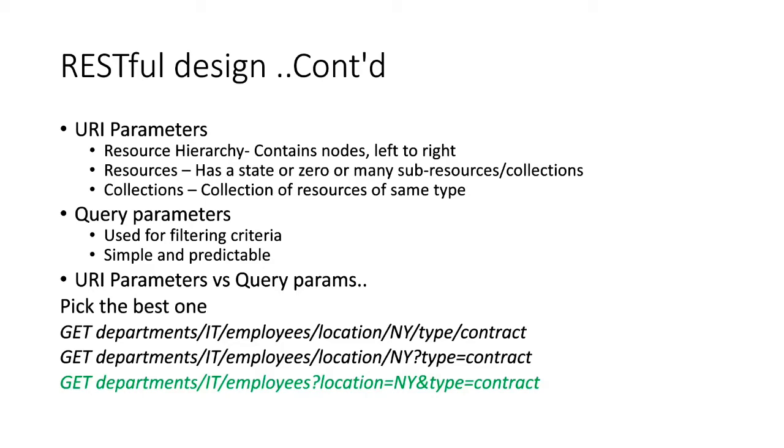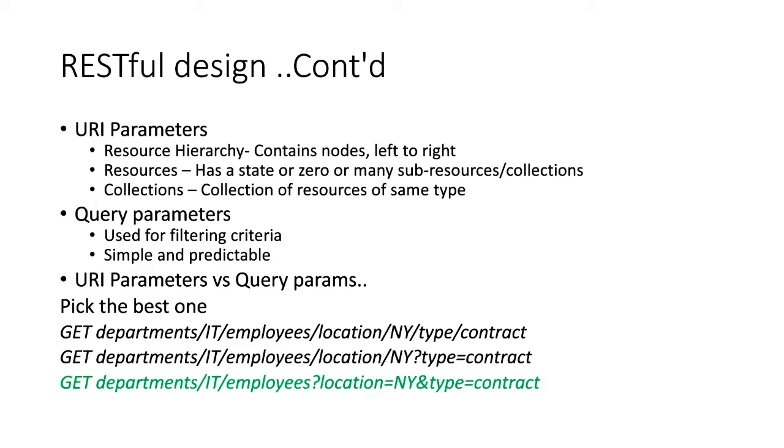So there can be different possibilities here, right? I can have departments, IT, and then employees, with everything in one endpoint. If you look at it, it is not very intuitive. You might be thinking, how can employees go to a location, and the hierarchy just doesn't match.